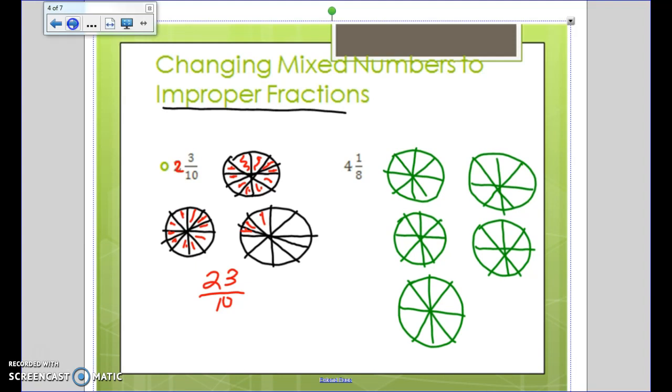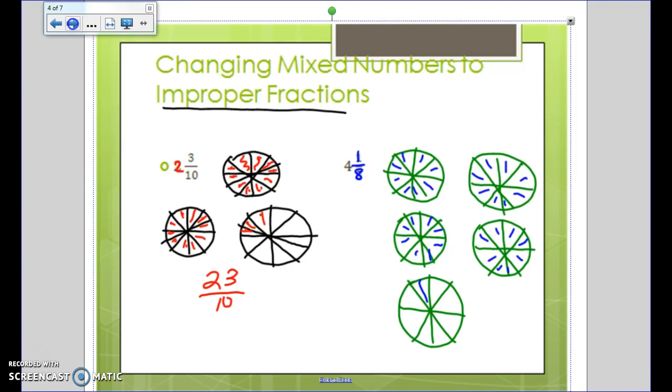All right, and I'm going to fill in the first 4 all the way because I have 4 wholes. And then my last part, I just have 1/8, so I just have 1 of the 8 pieces.